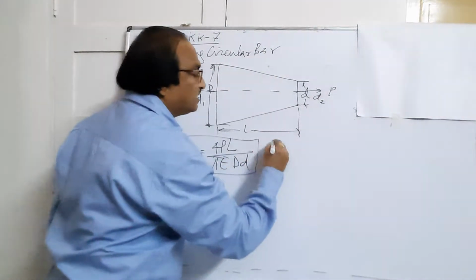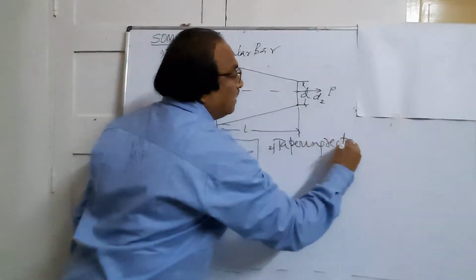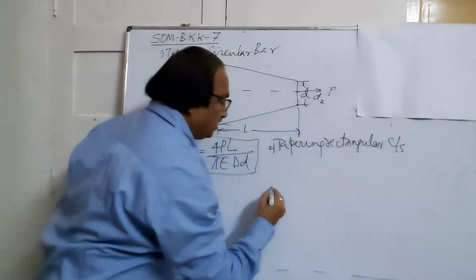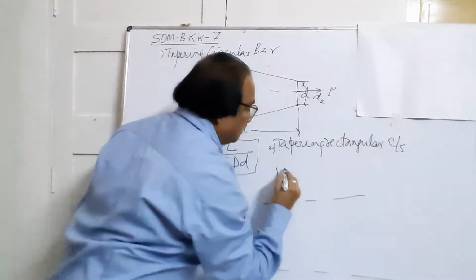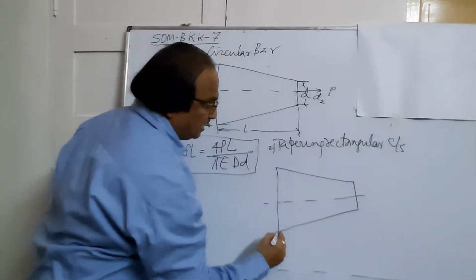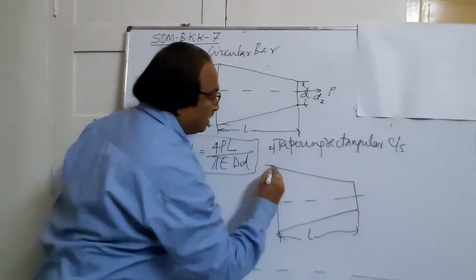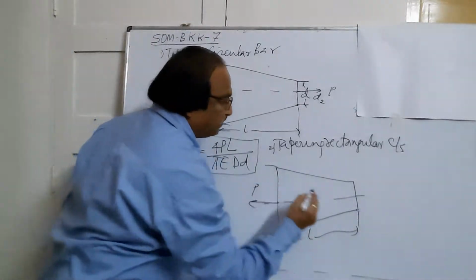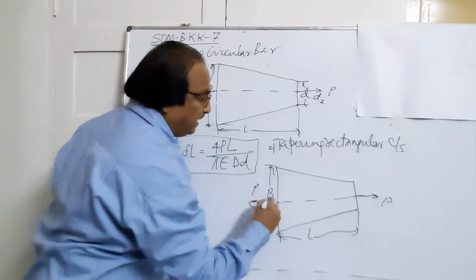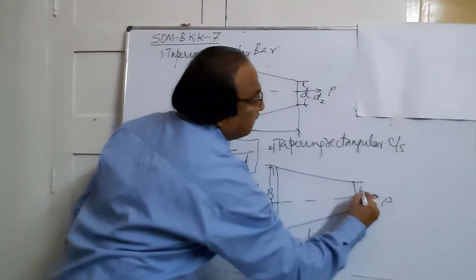The second type is the tapering rectangular cross section. So this is the length of the member L. It is subjected to axial forces P and P on the ends, and it is going to deform. Let this be big B and let this be small b.